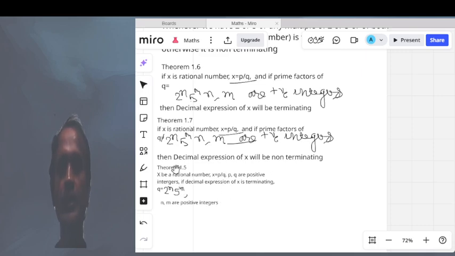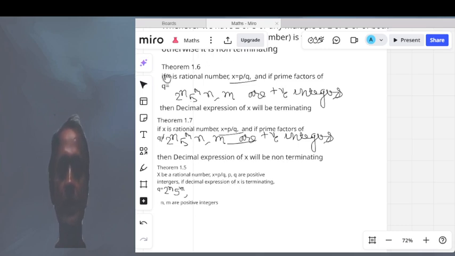So the decimal expression can be terminating only if the denominator q contains 2 and 5 as the only factors.